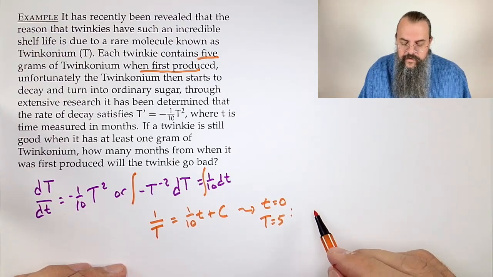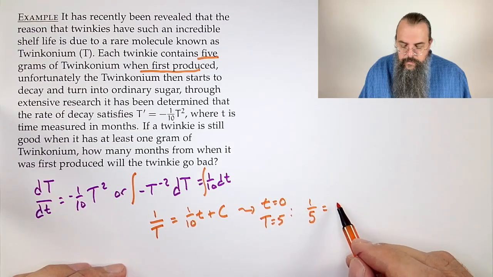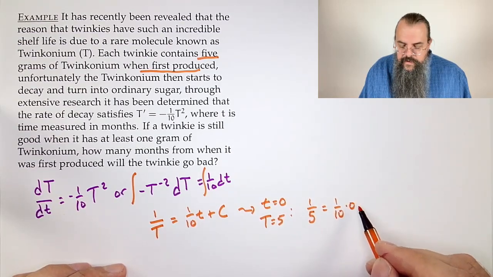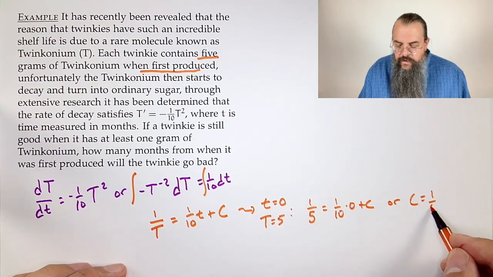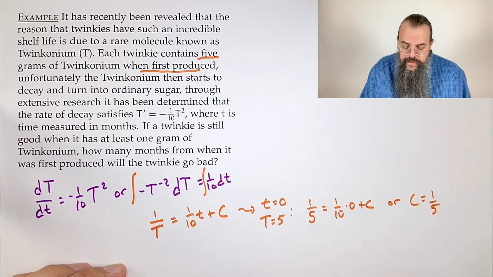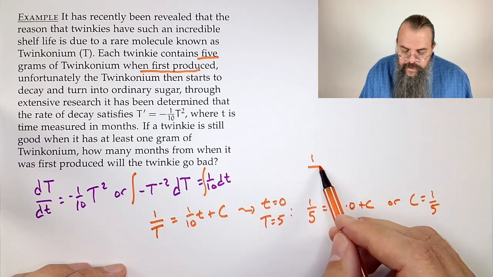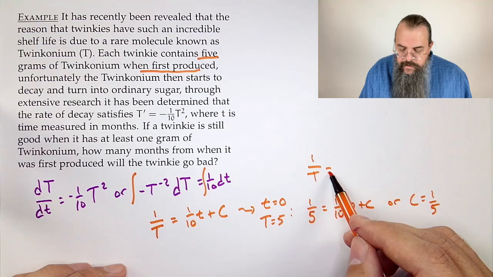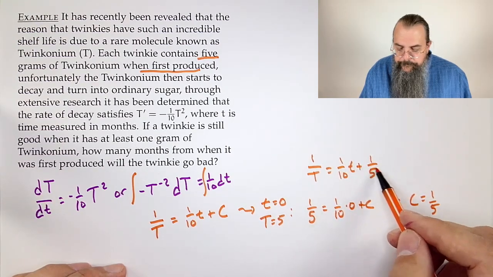So that tells us that 1/5 is equal to 1/10 times 0 plus c, or if you like, c equals 1/5. Great. So we can update: 1 over T equals 1/10 t plus 1/5.